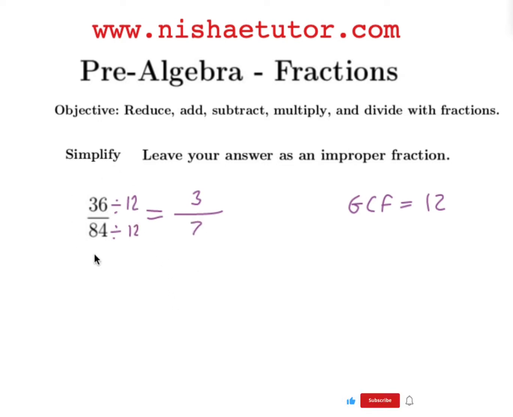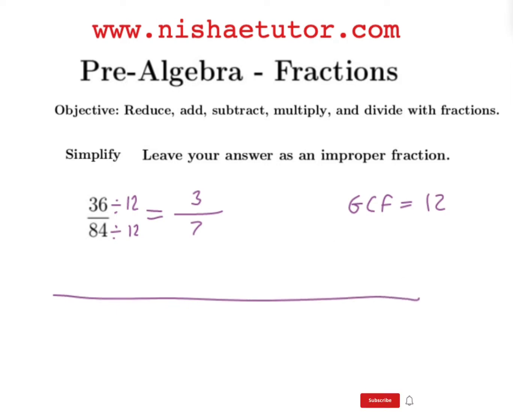This is very simple if you know the greatest common factor. Otherwise you can divide by 2, then 2 and then 3. So it's your choice.